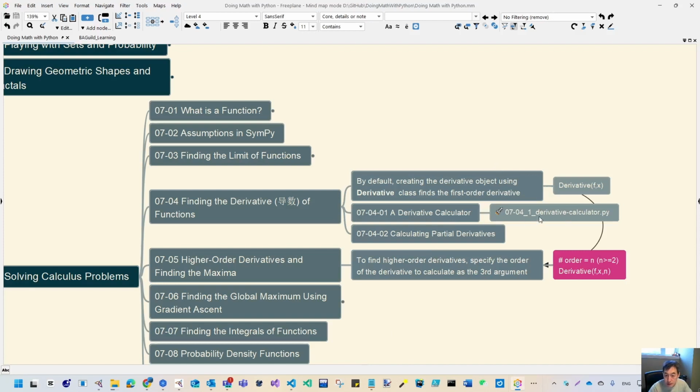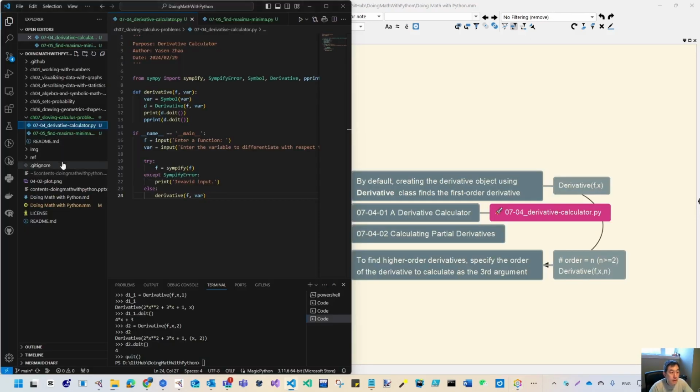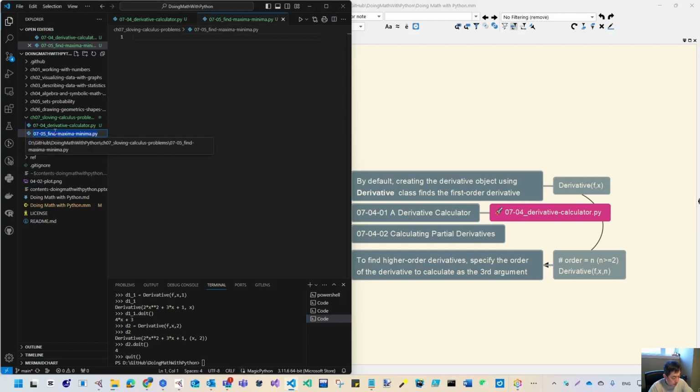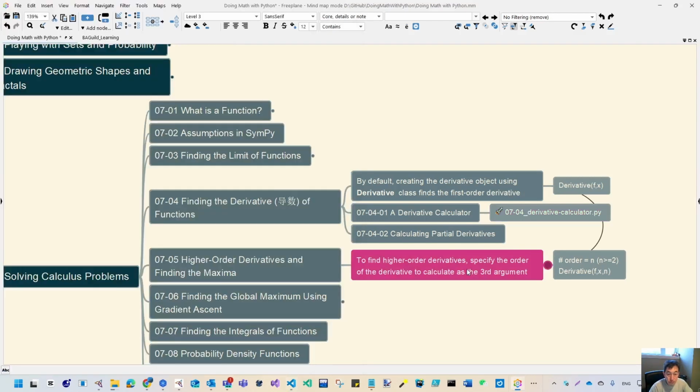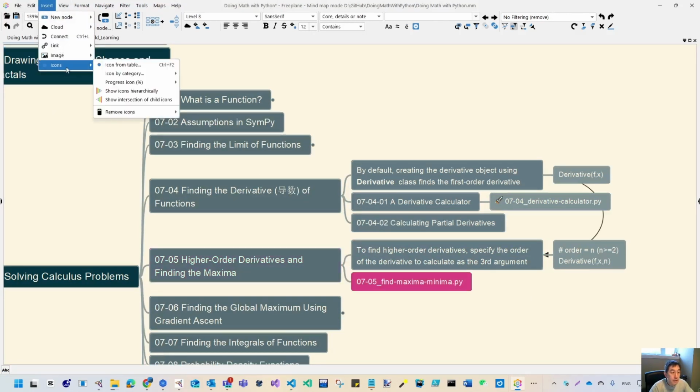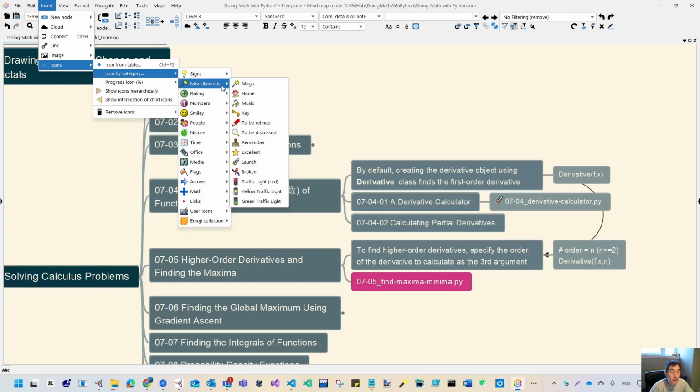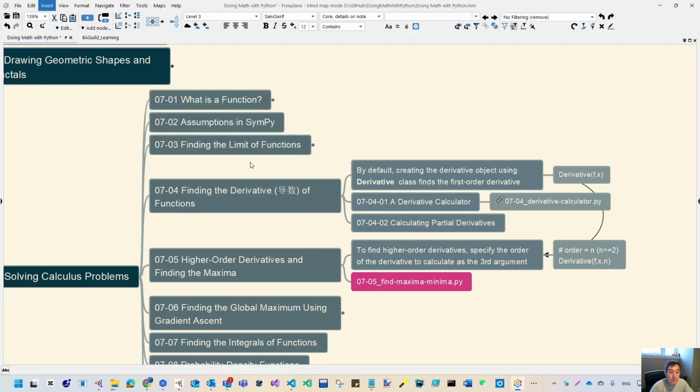Once we have this, I can update this one. So you see in here I have the code name, so that you know when I create this one it is linking to here. And after this video I may have more to put in here. You can see I'm using an icon, a MISC icon, and put this launch.